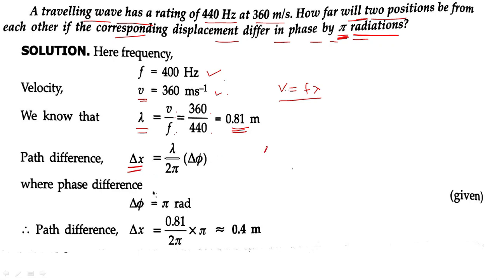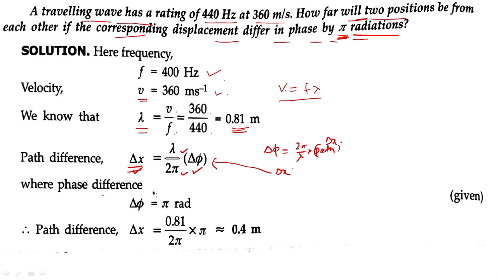The formula is: phase difference is equal to 2 pi by lambda into path difference, and the path difference symbol is delta x. So what will be delta x? Delta x equals lambda by 2 pi into delta phi. Delta x is the path difference, delta phi is the phase difference, lambda is the wavelength, and 2 pi is the factor.